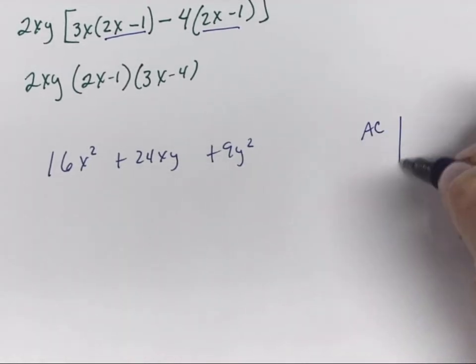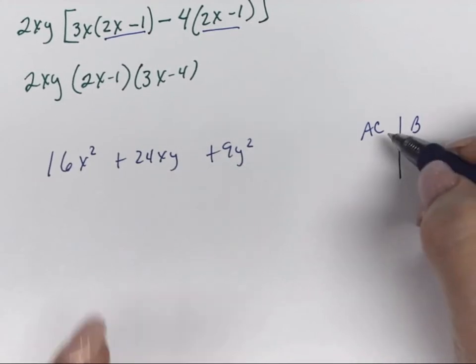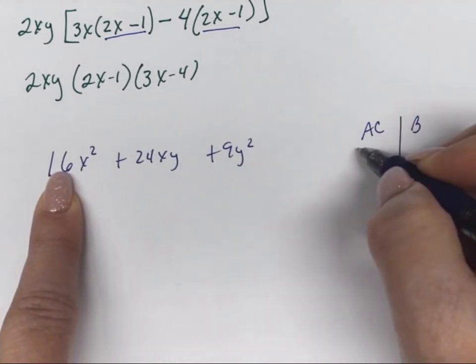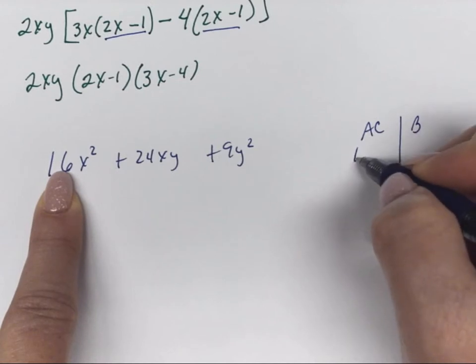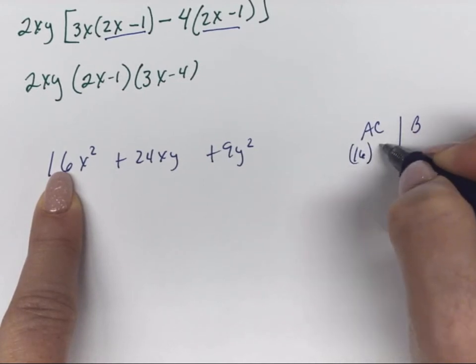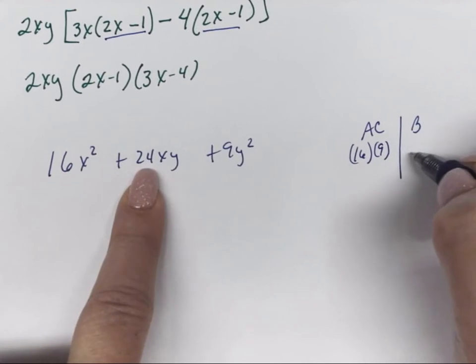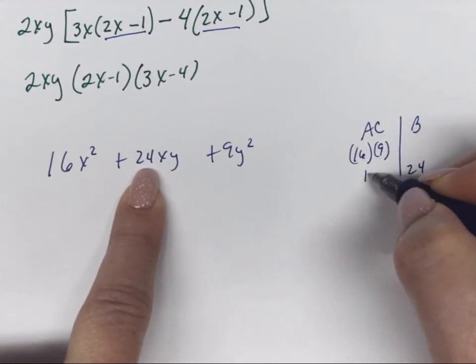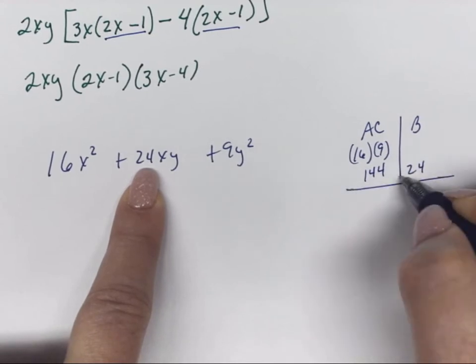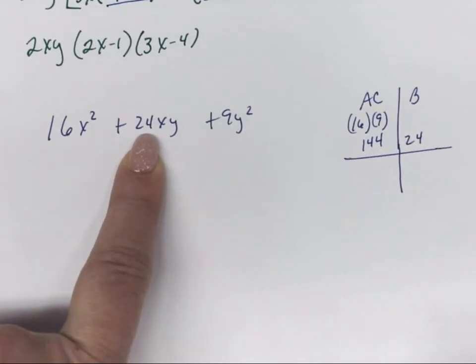So A times C, trying to get us to B. So this time we're going to have some big numbers. We're going to have 16 times 9, trying to get to 24. 16 times 9 is 144. So big numbers, but it's okay, we can do this.